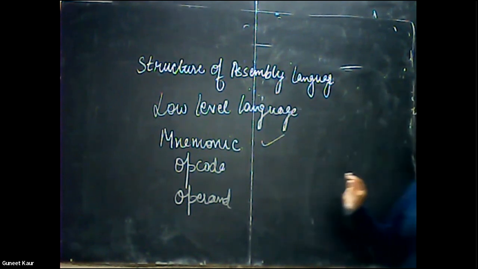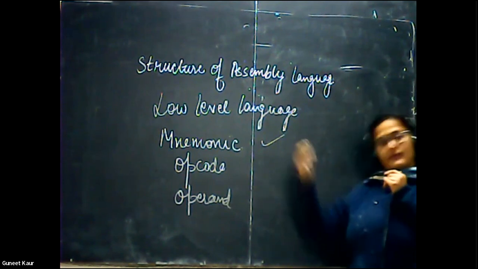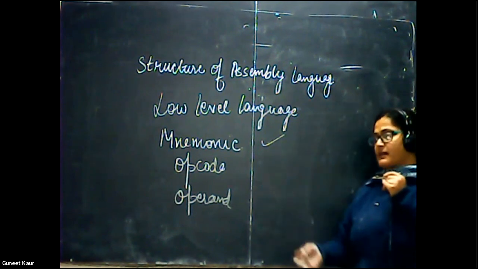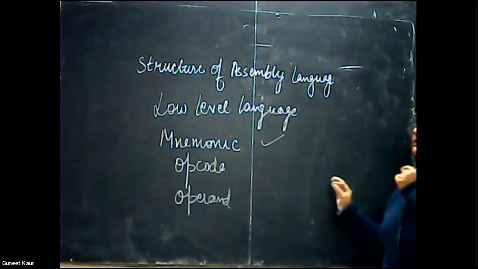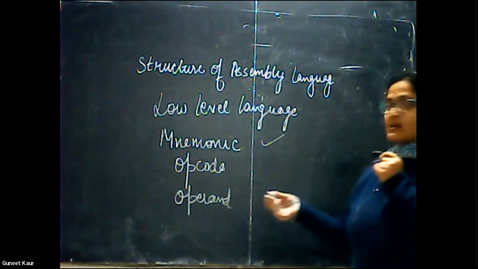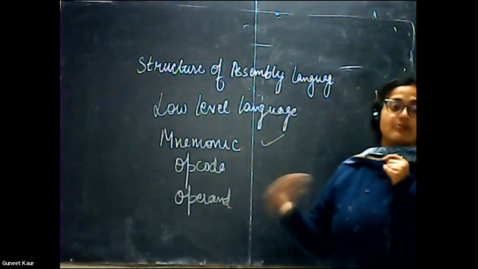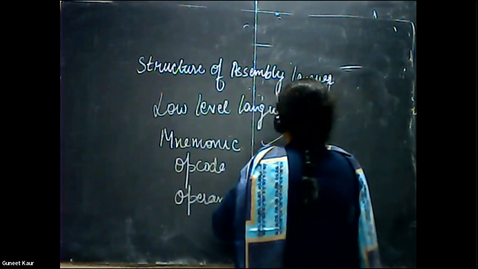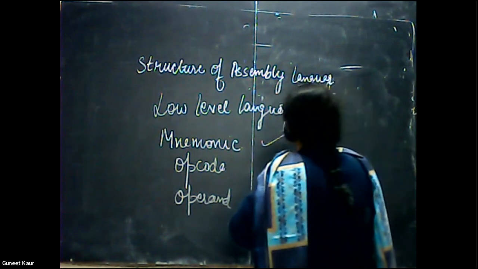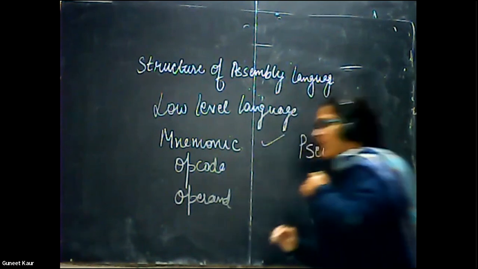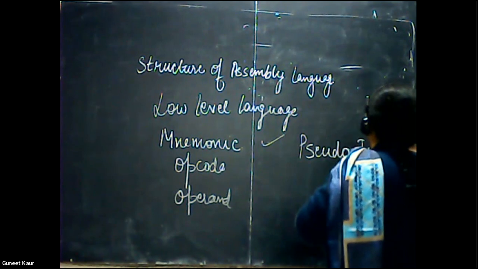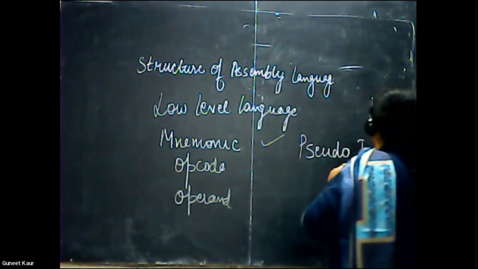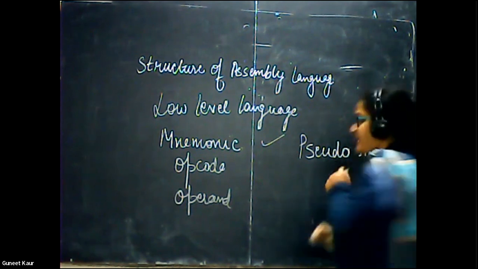A given assembly language program contains a series of statements, a series of instructions or lines, and assembly language instructions tell the CPU what to do. There are also pseudo instructions, pseudo P S E U D O. These instructions are also known as directives.